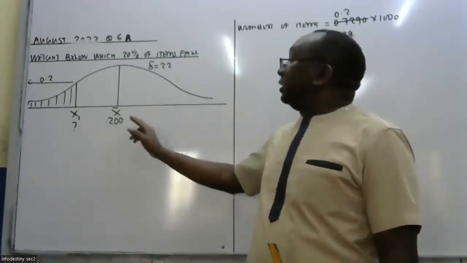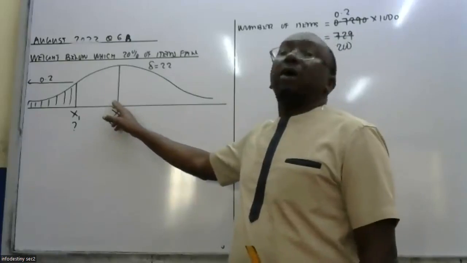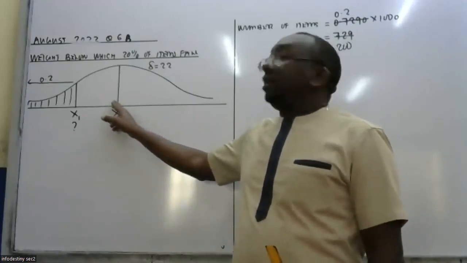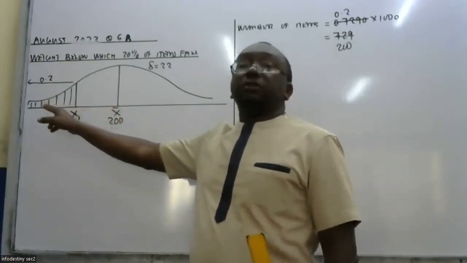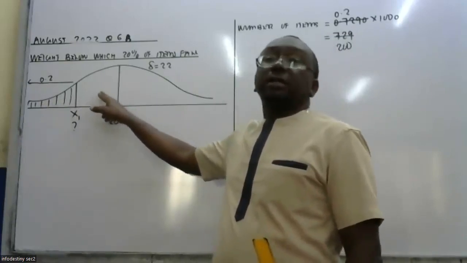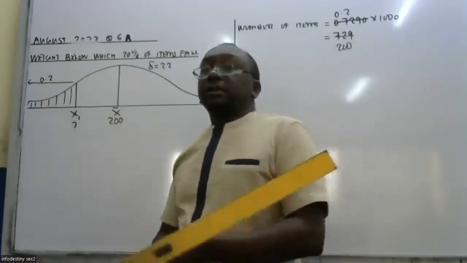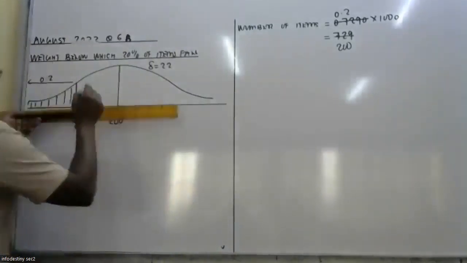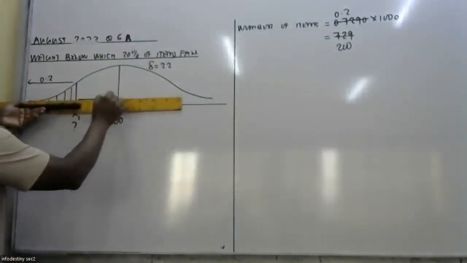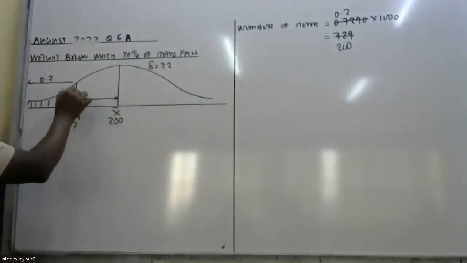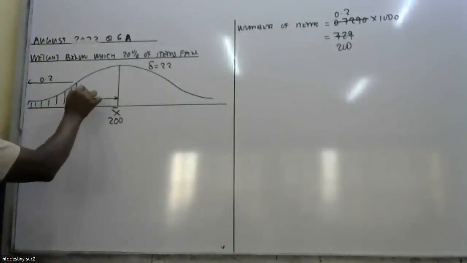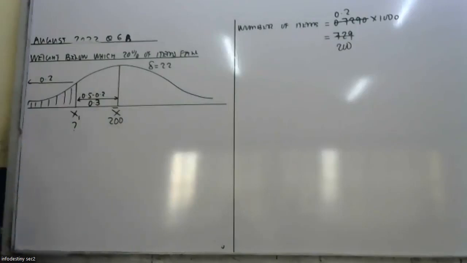Now the simple question is, if you know kutoka hapa mpaka huko mwisho ni 0.5, na unajua hapa mpaka mwisho ni 0.2, can you be able to tell me this is what? It is what? 0.3. So this will be 0.5 minus 0.2, which is 0.3. Fanya hivyo.